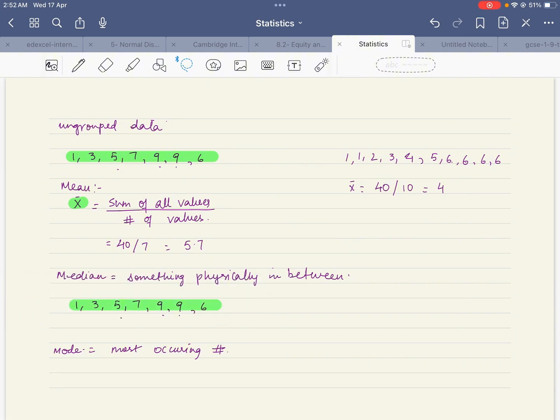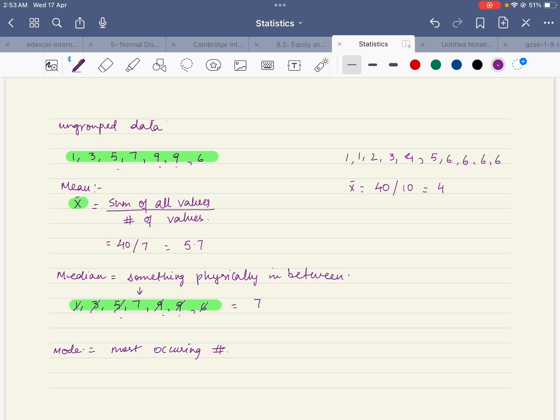When you are calculating the median, it's necessary that the data is arranged in ascending order, from smallest to the biggest. So keep cancelling the terms till you find a middle term, something in between. This is 7. So median for this data is 7.